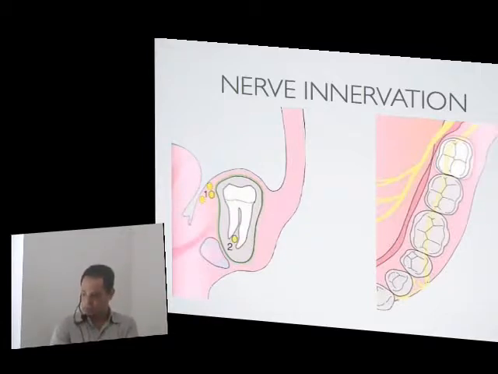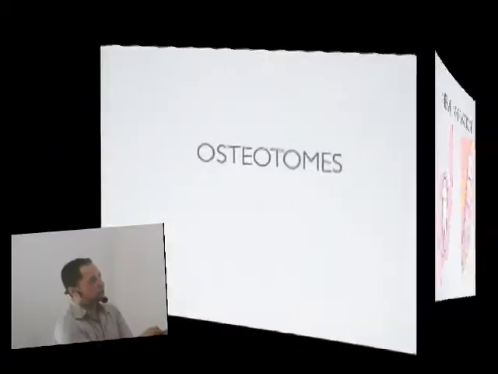The sublingual and the submental artery. And one more structure. The lingual nerve. Very important. I'll show you in a minute why. These are the four structures which we have to be very careful of.